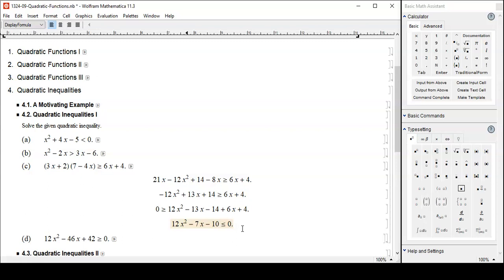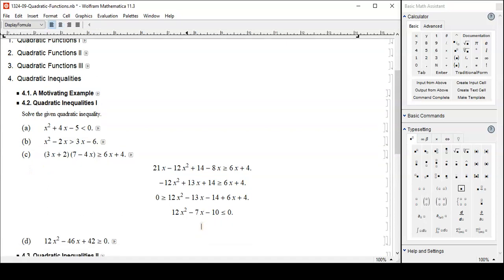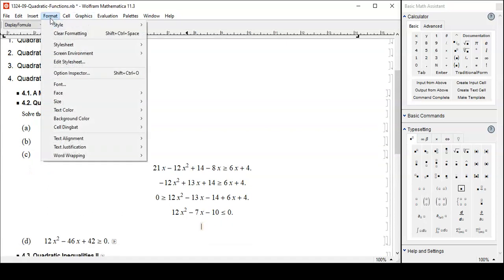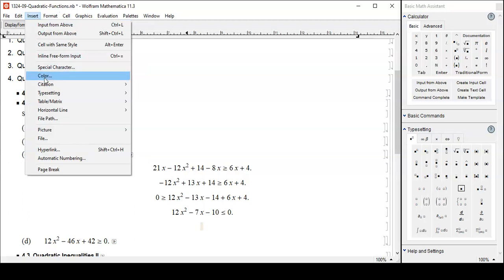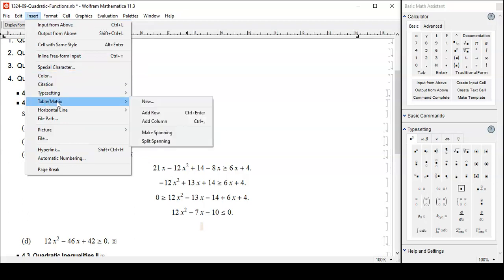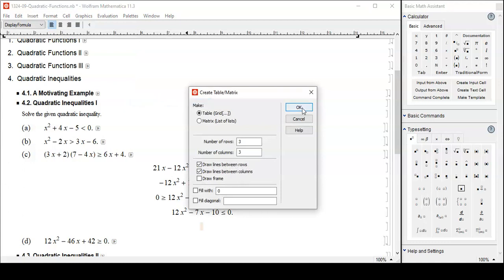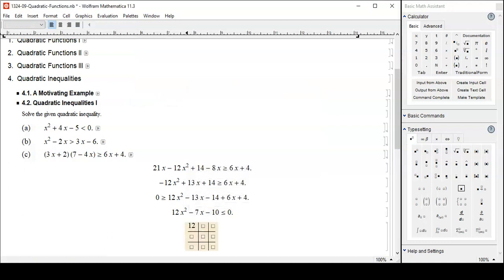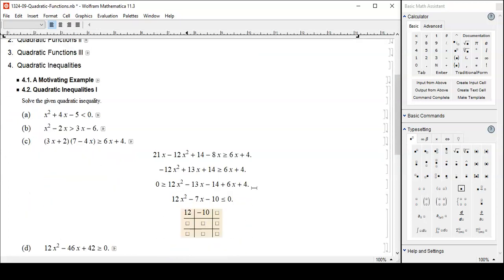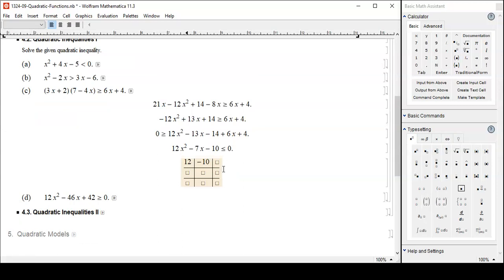Can you factor this? Do you have enough time? Okay, all right. It's been a long time since I helped you with this. So first 12, last negative 10, and then that's negative 120, and we need factors of negative 120 adding up to negative 7.